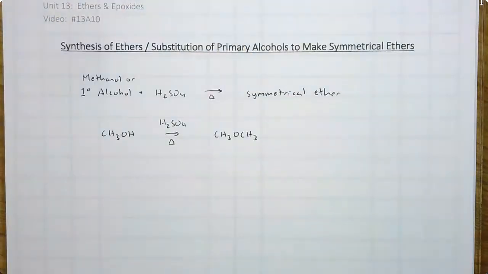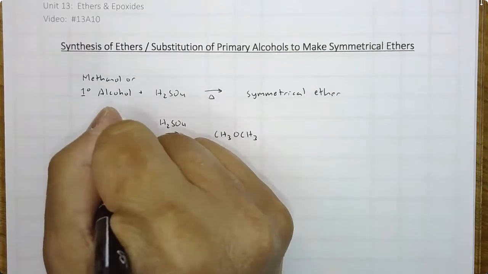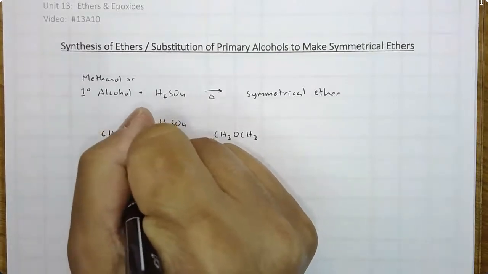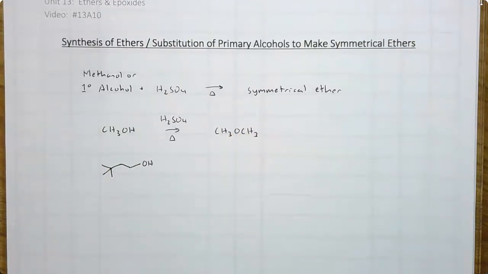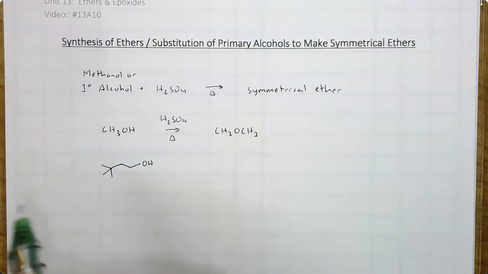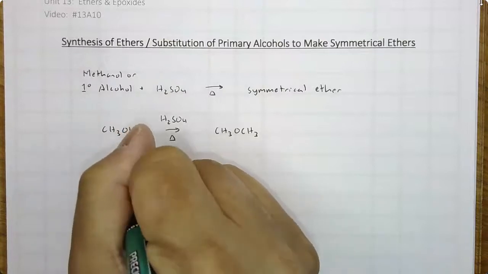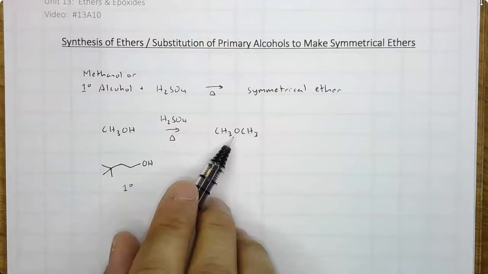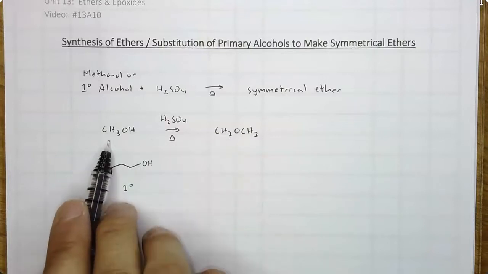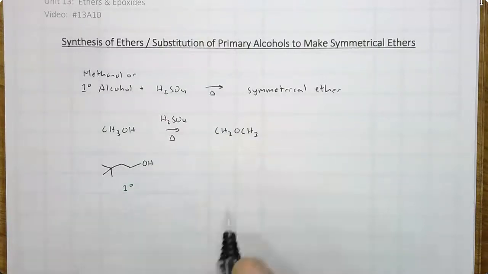Let me do an example with a primary alcohol. Okay, it's definitely primary, and let's see what's happening. We just have an oxygen with two of those alkyl groups on each side.